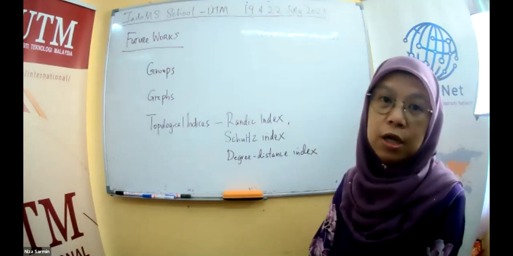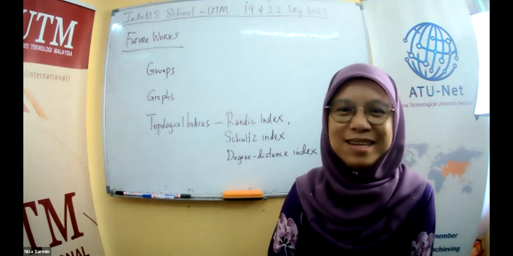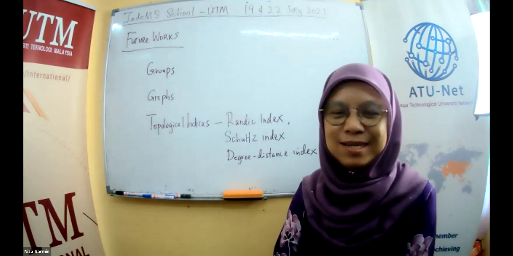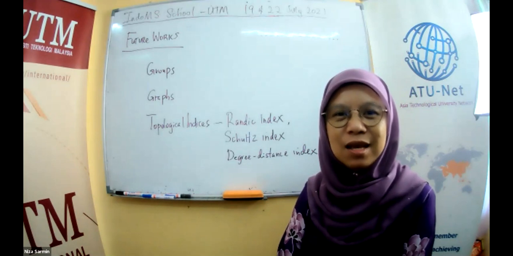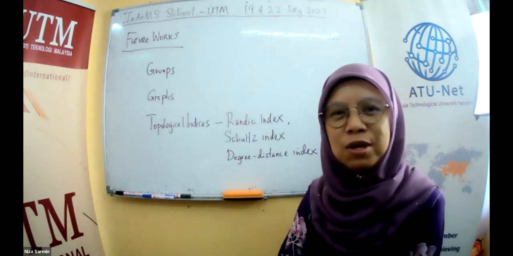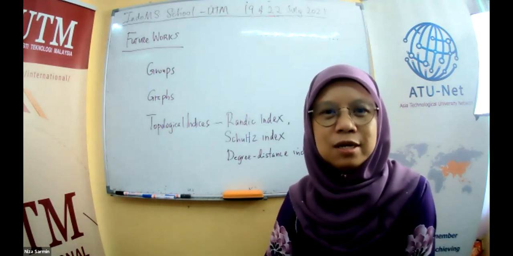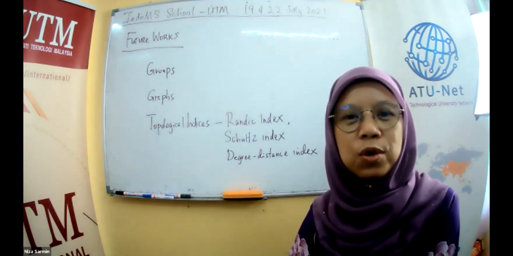We hope actually to come up with a new index, but we didn't get to it so much. So if you think, why don't you create a new formula? We already have the reciprocal, we have the square, right?